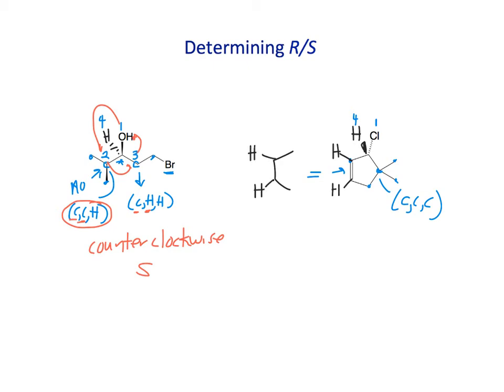and an H here. But this carbon right here had a double bond to this carbon, so we treat it like it's bonded to 2 carbons. Likewise, the carbon down here had a double bond back to the other carbon, so we treat it as being bonded to 2 carbons.